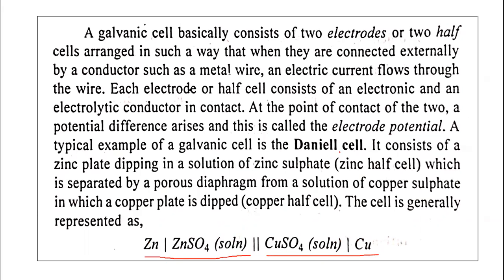At the point of contact between the two, a potential difference arises, and whatever potential is developed due to this is called an electrode potential. It means in a galvanic cell, at a particular electrode, the electrode potential is generated.